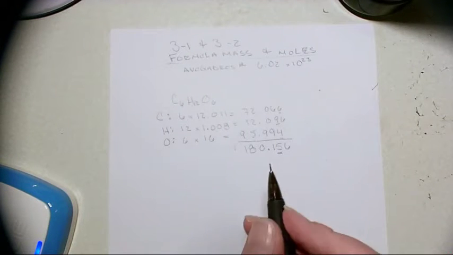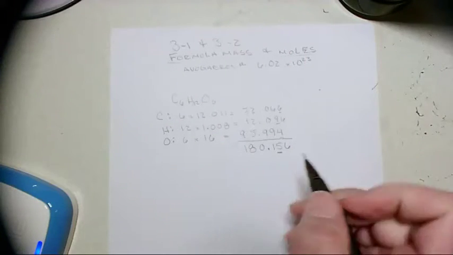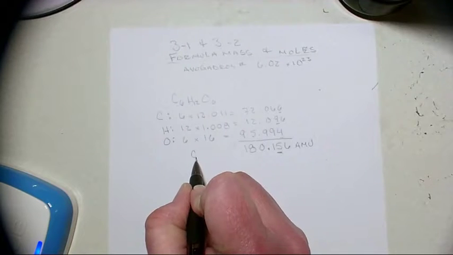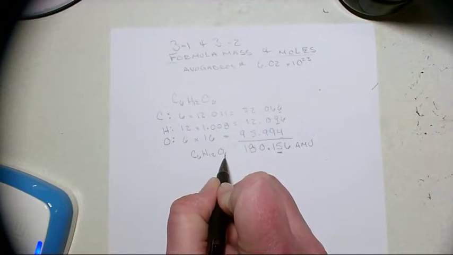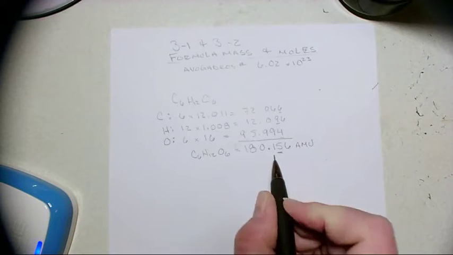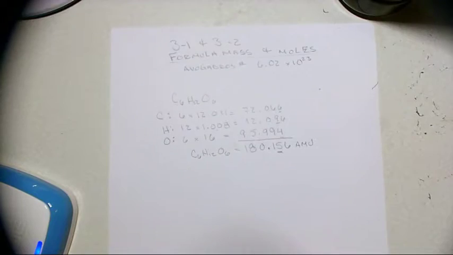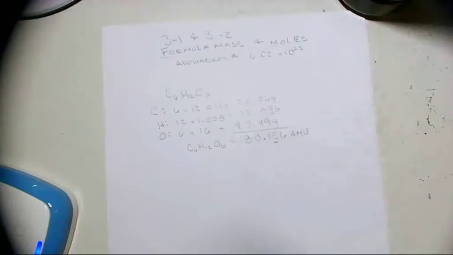Alright, so what does this mean? This means that the atomic mass units for this particular molecule, the C6H12O6, is 180.156 atomic mass units.